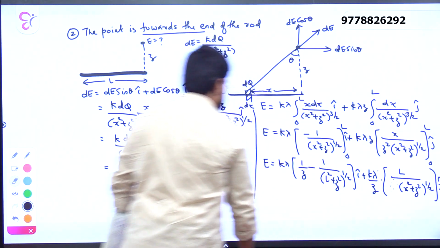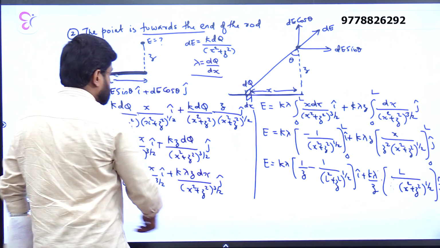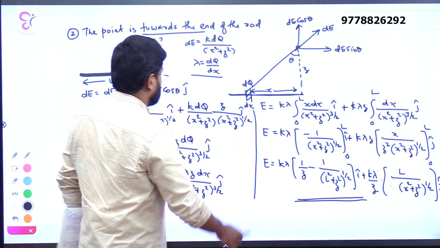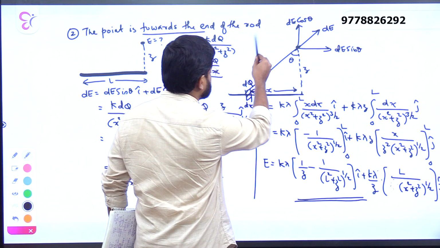Okay. So that's it. So you got the electric field for a thin rod when the point is towards the end.